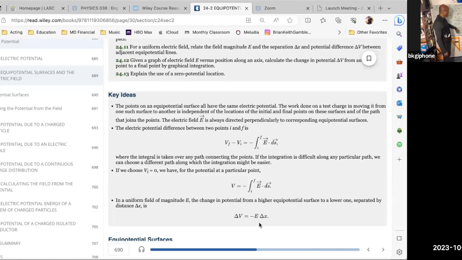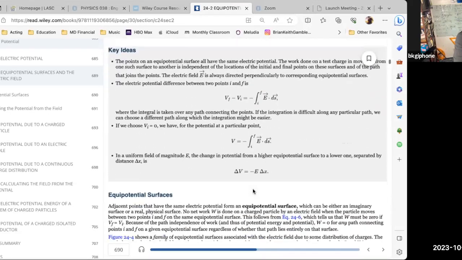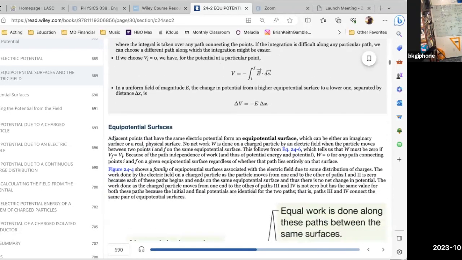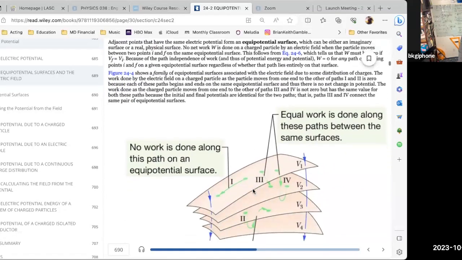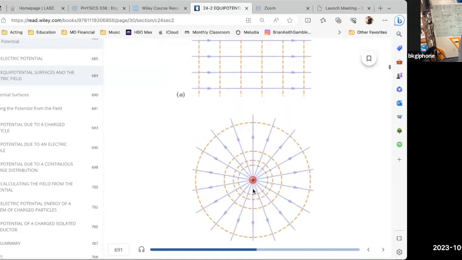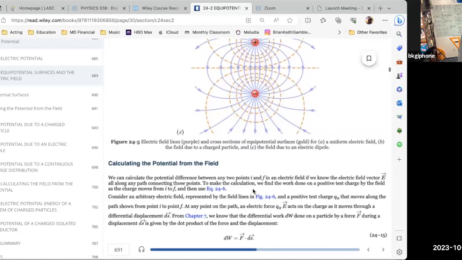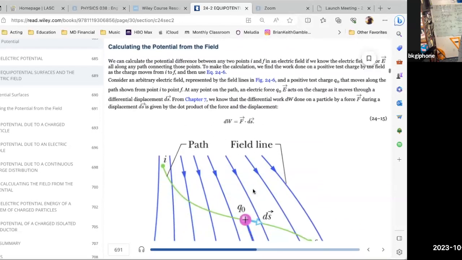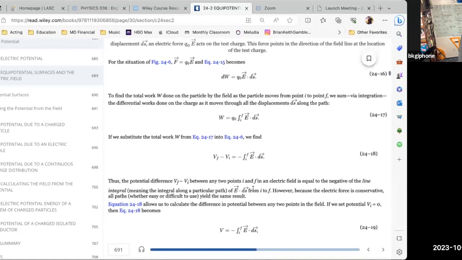I said E d, they say E delta y. It doesn't look like they talk about the potential energy or anything in that section. They just start off straight with potential, and they don't really say anything about energy.